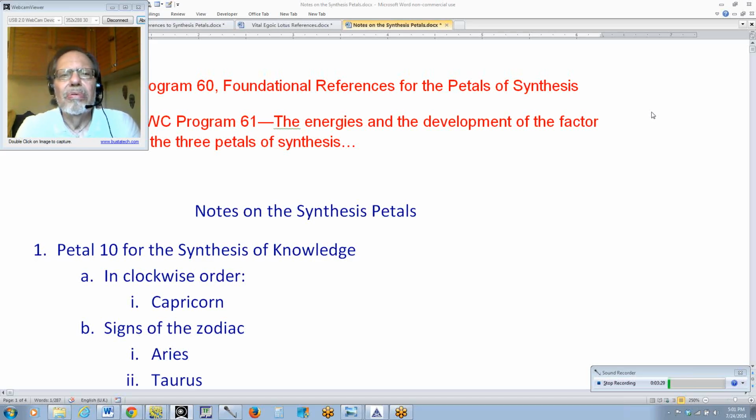There have been some valuable references that I went over in program number 60, and they have given us an idea of the nature of the synthesis petals, how they were formulated, how and when they unfold, also in relation to various chakric unfoldments, and then finally how the egoic lotus itself is destroyed by the power of the monad, the power of the initiator, the power resident within the petal substance, that is Devic power, and also the intensity of the atomic triangle.